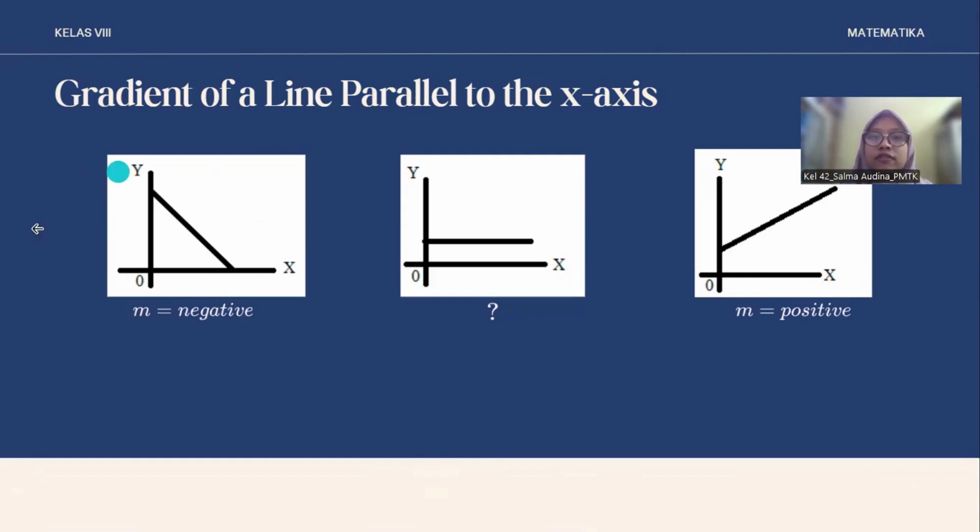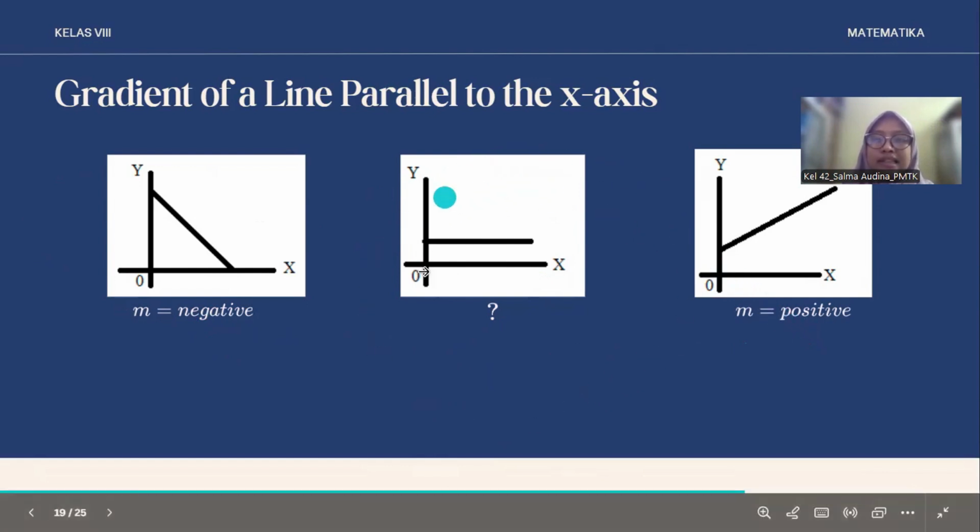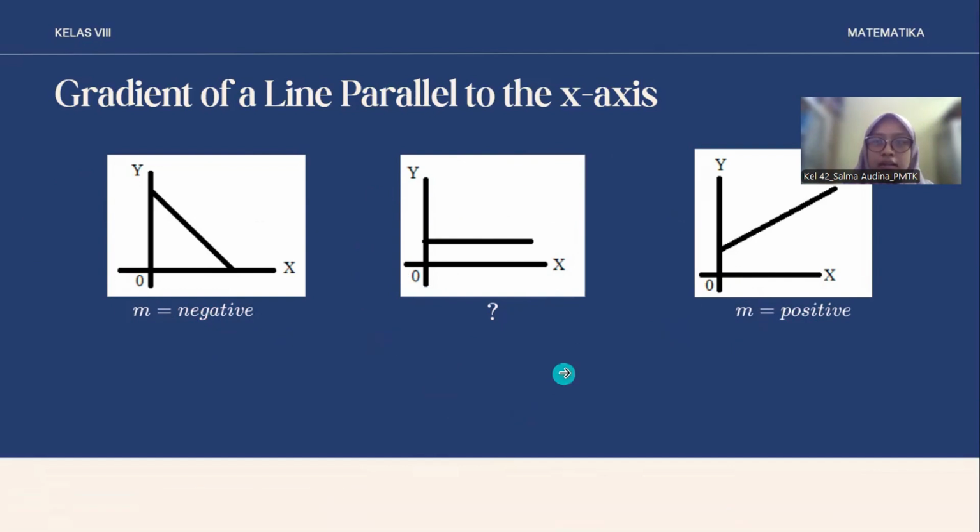Since the flat line comes after a negative gradient and before a positive gradient, the gradient of the flat line is between a negative and a positive number.